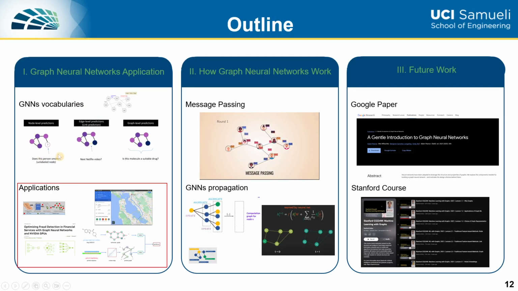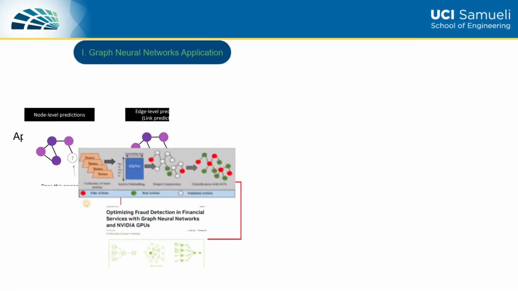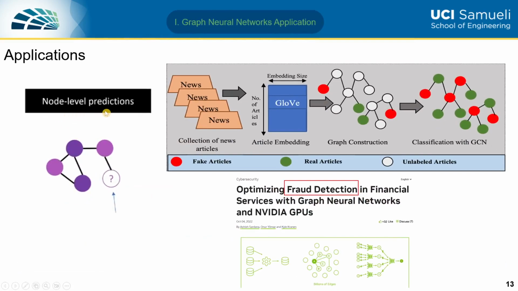I can give you some real life applications that you can see pretty regularly. First, with the node level prediction, let's predict the node. One phenomenal application is going to be fraud detection. In this case, also determining if an article is fake or real. So you have a bunch of articles.